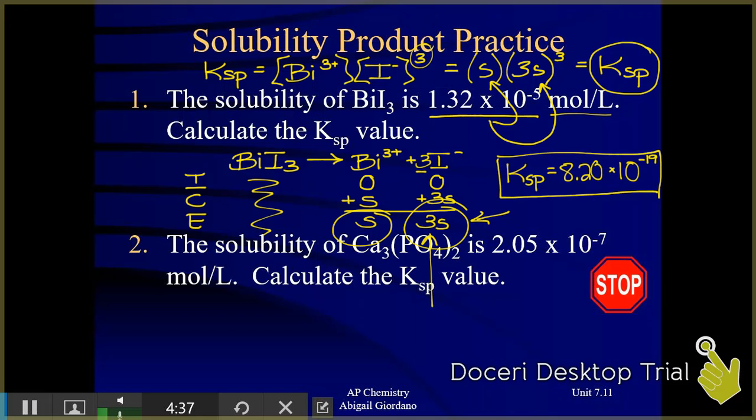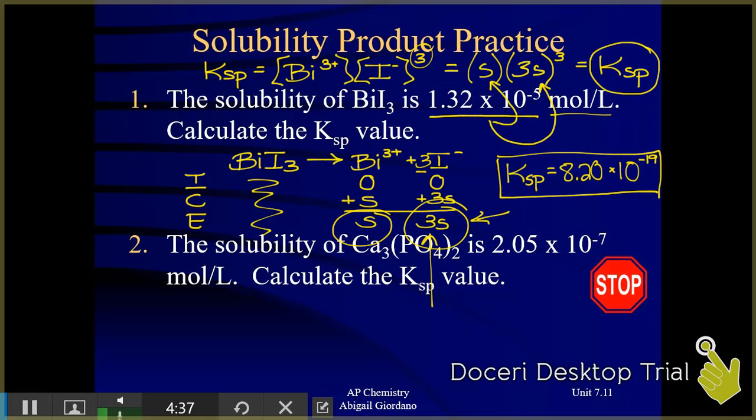Okay, so this isn't that different than what we've done. It just seems really different. So in this particular case, we were given the solubility. Remember, solubility is your value for S. We set up an ICE table.